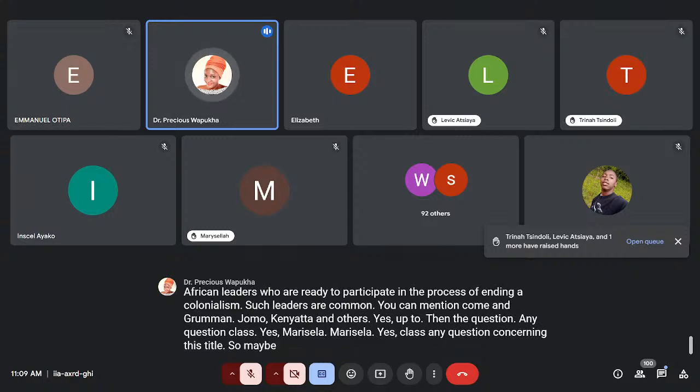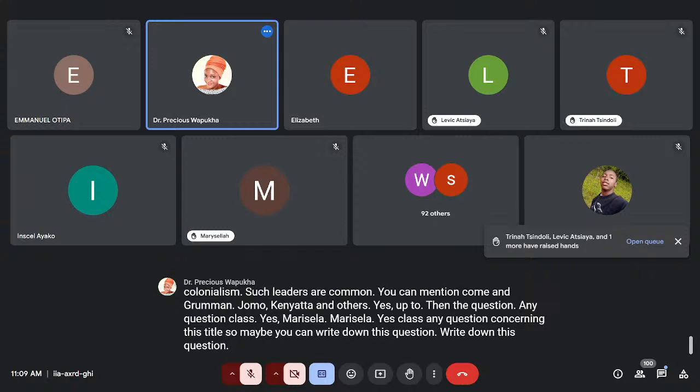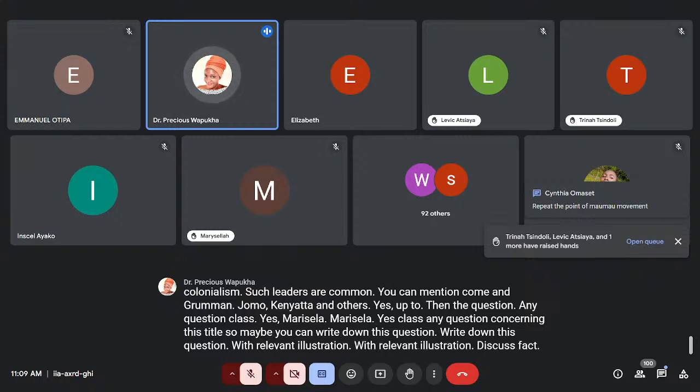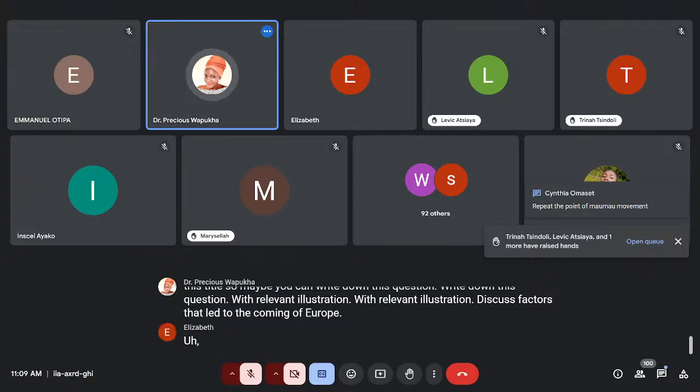So maybe you can write down this question. With relevant illustration, discuss factors that led to the coming of Europeans in Africa.